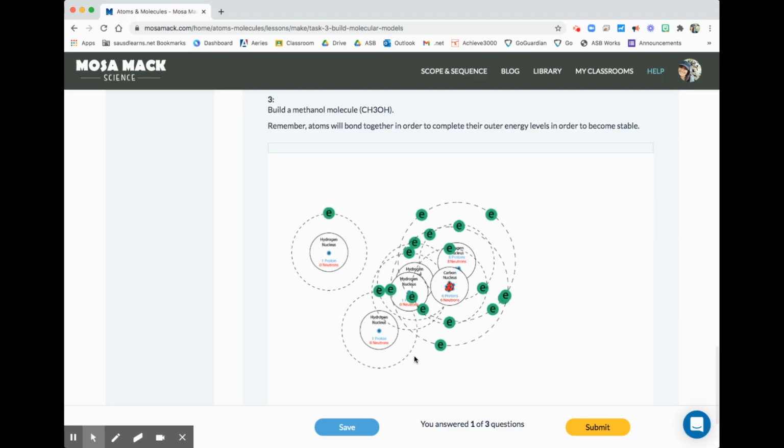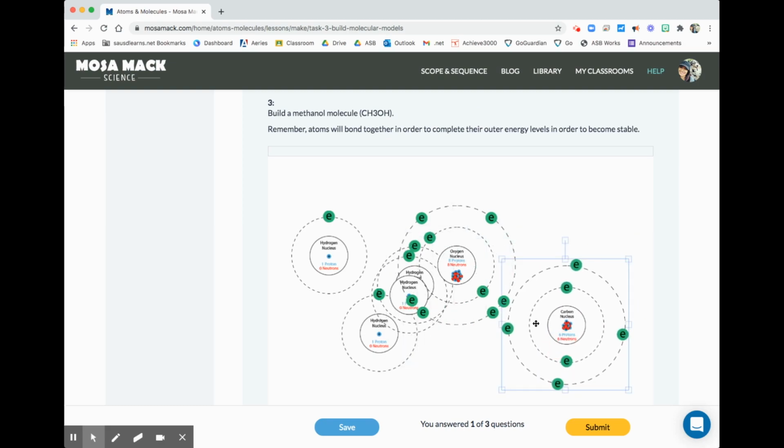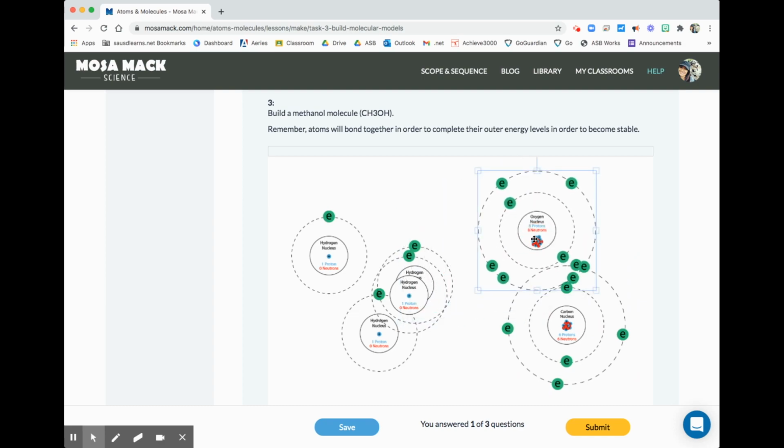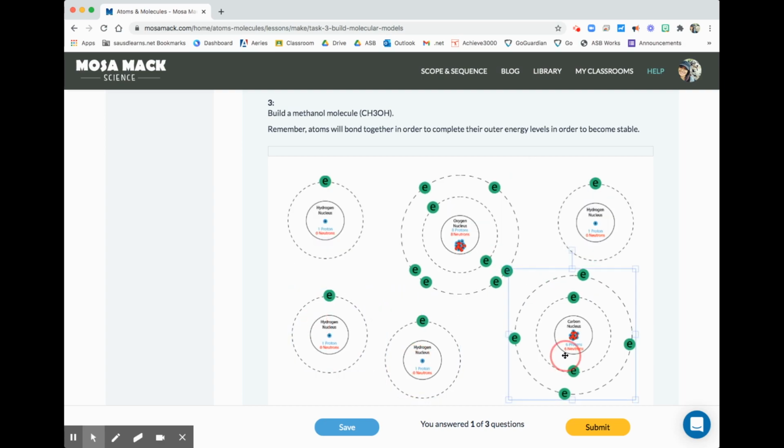And now your third molecule, you're gonna make a methanol molecule, which is a type of alcohol. So you have a whole bunch of atoms to work with. A carbon, 3 hydrogens, 1 oxygen, and another hydrogen. So what are you gonna do with all of these? Make sure you're observing all of the outer shells that need electrons to be complete.